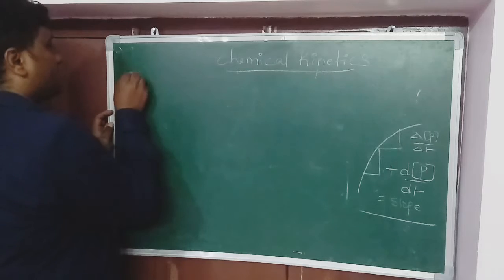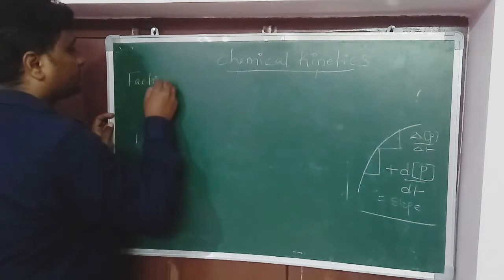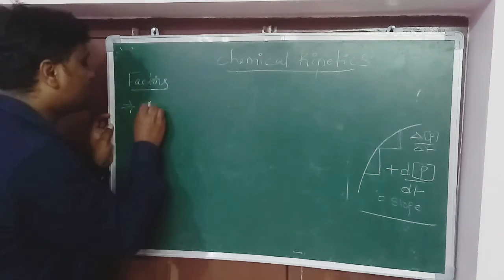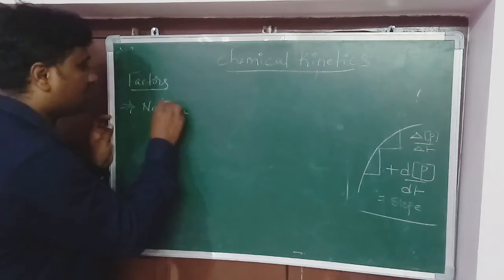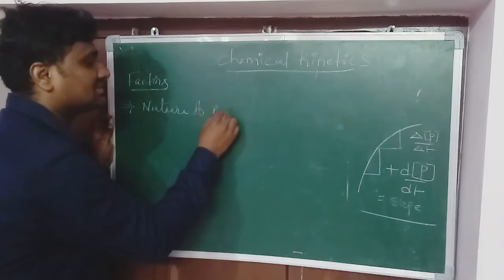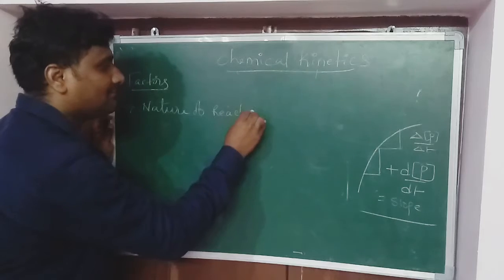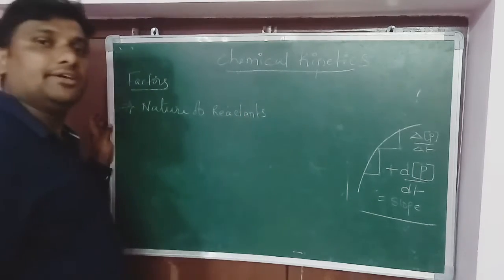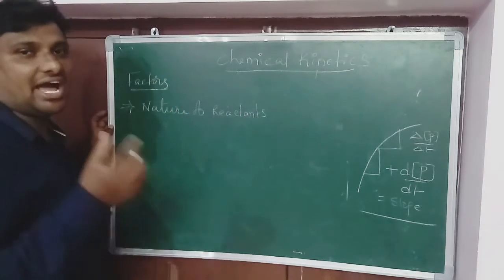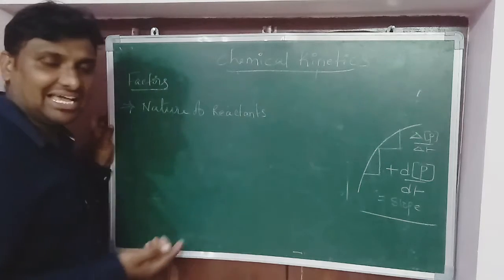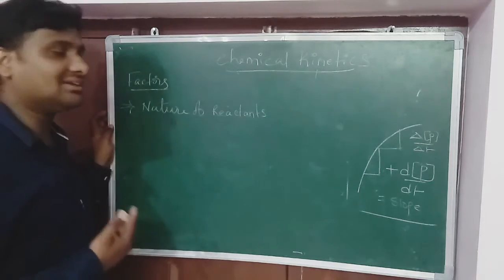Here the factors. The nature of the reactants. If the reactants are ionic compounds, they can easily convert into products.